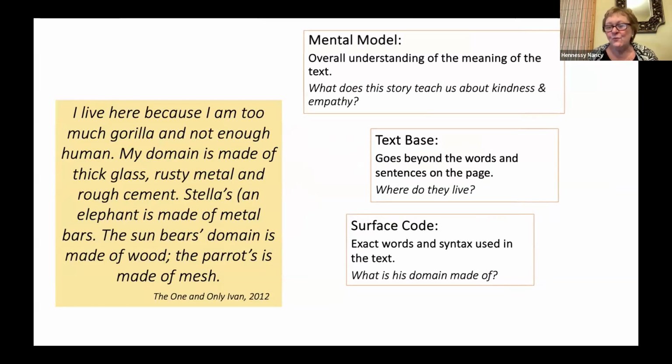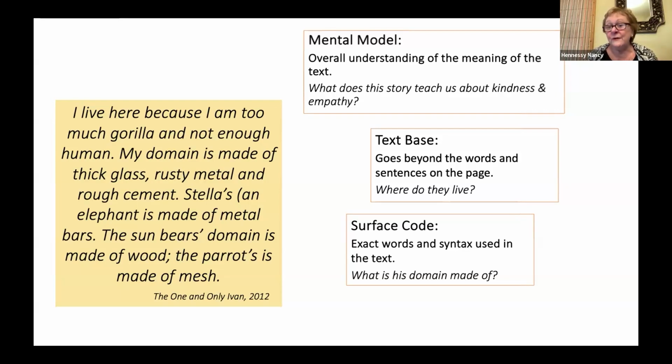If I ask the question, what is his domain made of? Then my students would have to tap into the surface code, because they can find the answer right there, right? So what is his domain made of? Well, he talks about thick glass, rusty metal, rough cement, right? So being able to work with the vocabulary, being able to work with the sentence structure, right?